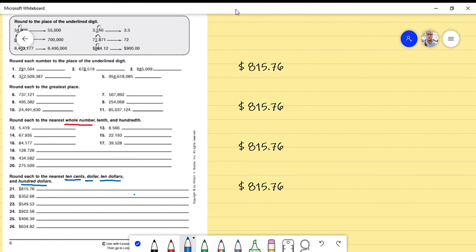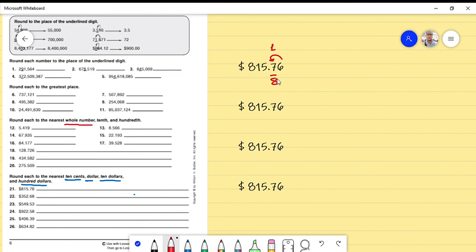What is the tenth here? The tenth here is 7. The number just to the right of 7 is 6. Will 6 round up or down? Round up. So you add 1 to 7, so 7 will be 8.